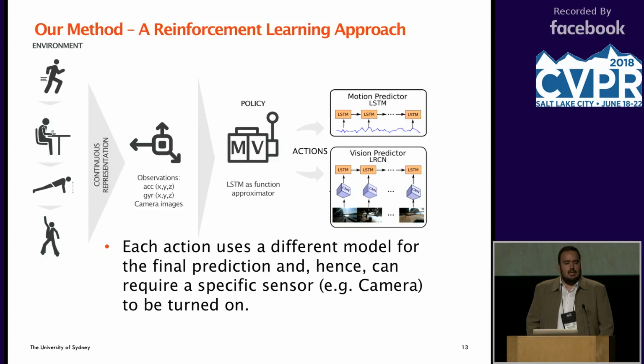a vision-based predictor. In the case that we choose a vision-based predictor, it means that we also need to turn on the camera. We keep the motion sensors on at all times for state estimation, and for energy efficiency, we save energy on the motion predictor by avoiding forward operations on the model, but on the vision predictor, we save energy by not only turning off the camera, but also avoiding a specific vision model running the feed-forward operation.